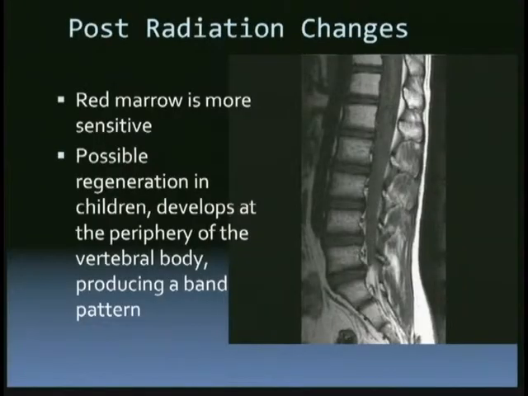Red marrow is more sensitive to radiation changes, and so children are more sensitive to radiation therapy. However, they have a higher potential for regeneration, and typically when regeneration occurs in the vertebral bodies, it's at the periphery, and you have this pattern here, a band-like pattern at the periphery of the vertebral bodies.